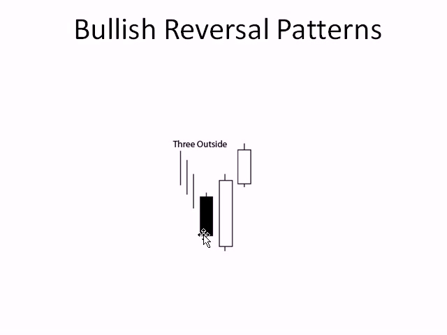When I say little move down, I mean the close to the open is down a little bit. Then we open up higher, engulfing the previous candlestick. So you start off with a bullish engulfing pattern right here, and then an open and a close higher than this close right here, and that's three outside.